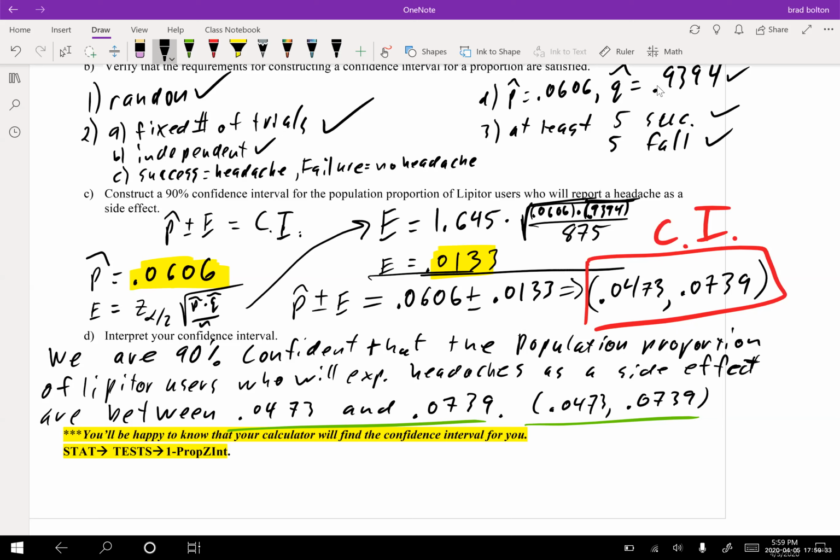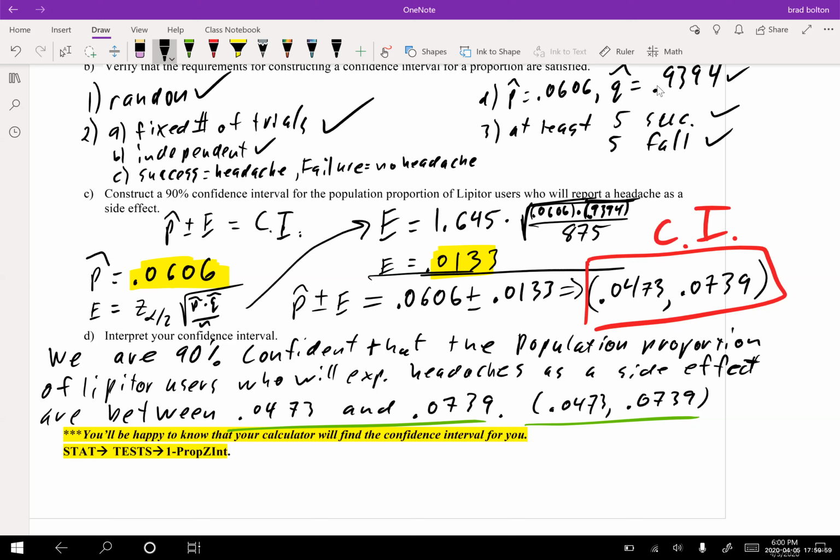So what you're telling somebody is you don't exactly know what percentage of the population experiences headaches as a side effect. But you're 90% confident that whatever the percentage truly is, it is between 0.0473 and 0.0739. So basically you're saying a little over 4.5% up to about 7.5%, not quite. That's what you're basically telling somebody.